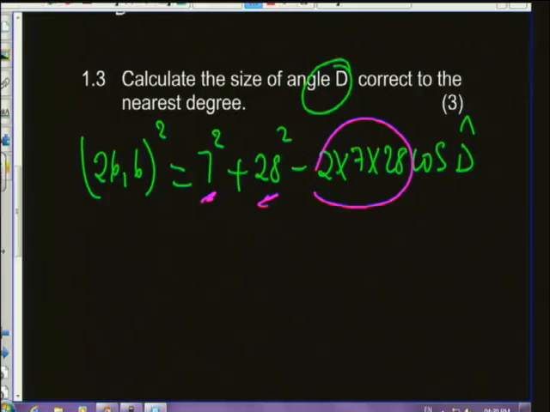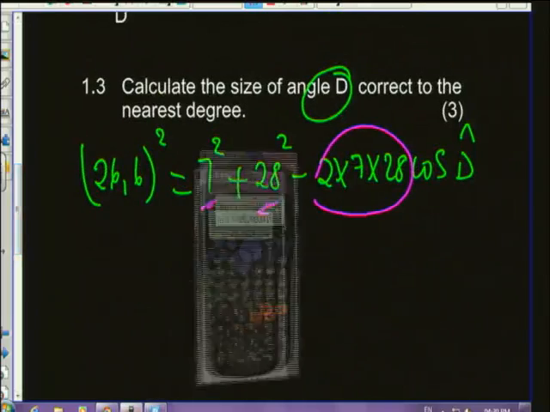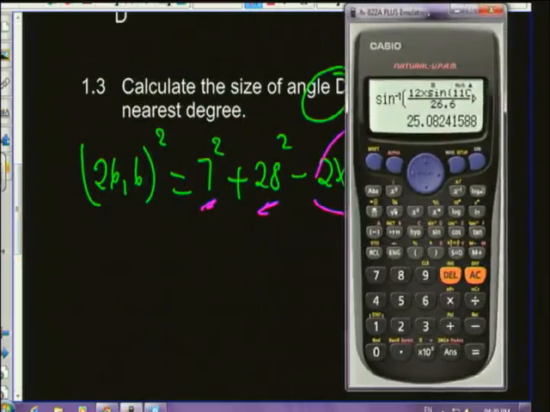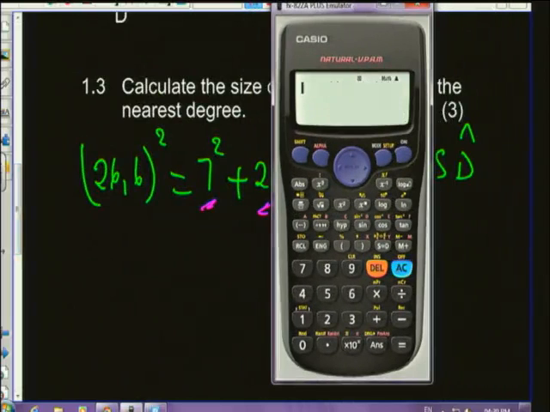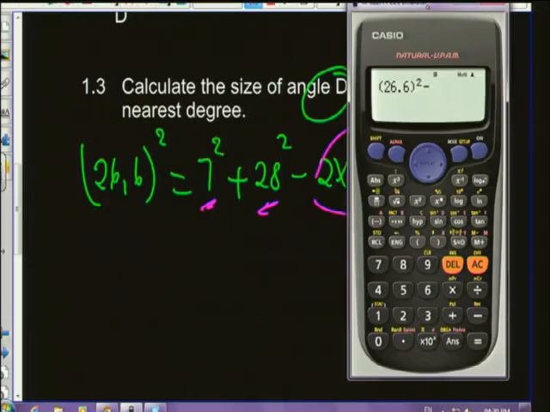And now I have cos the subject. Okay. Now, this is what we're going to have. We're saying bracket 26,6 squared minus. Now remember, the reason why I'm saying minus, because the 7 squared is positive on the right-hand side. So it's minus 7 squared, which is 49, minus 28 squared. All right.